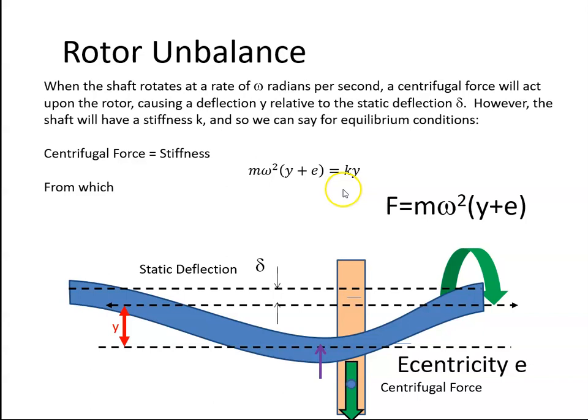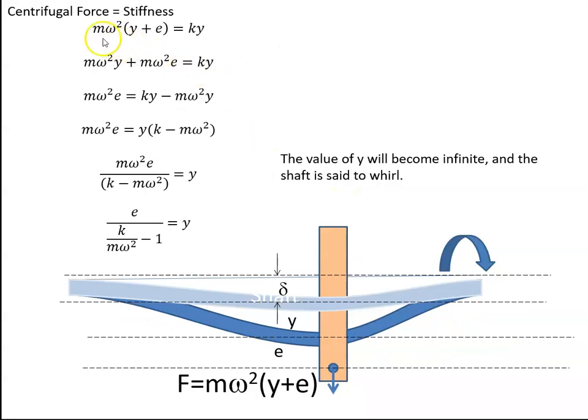So we can say, when it's in equilibrium, that the centrifugal forces must be equal to these stiffness forces. So there's that equation, and I'm going to just multiply it out. So we get m omega squared y and m omega squared e. We're going to bring the y's to one side, so we get m omega squared e is equal to ky minus m omega squared y.